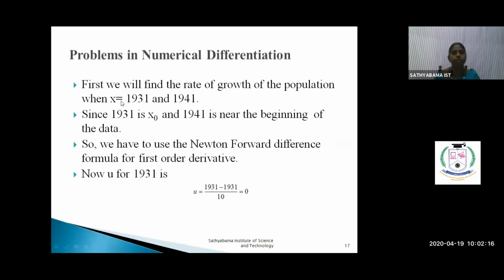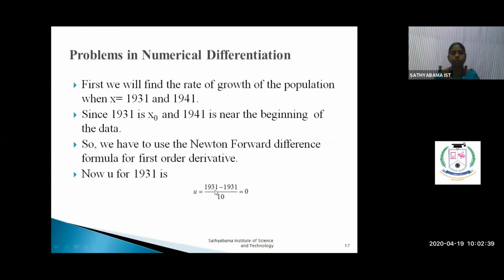So let's just see what is the rate of growth of population in the year 1931. X is x naught, 1931; 1941 is near the beginning. So let us see the first order derivative at 1931. In the year 1931, u is the formula x minus x naught.